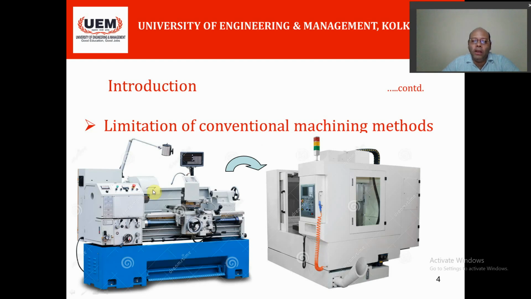This is the normal conventional lathe, where there is a limitation of the spindle speed, because the gear pulley drive is replaced with a servo motor control. This type of feed drive and spindle speed can give rise to an accurate product.